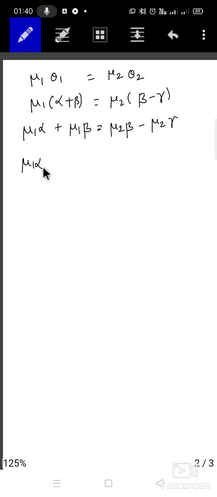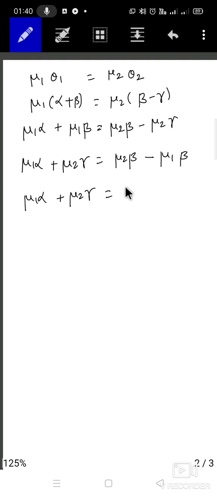Mu 1 alpha goes the other side, and the minus becomes plus. So mu 1 alpha plus mu 2 gamma is equal to mu 2 minus mu 1 into beta. Let us consider this equation 3.